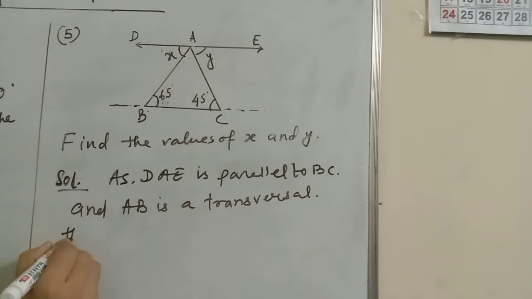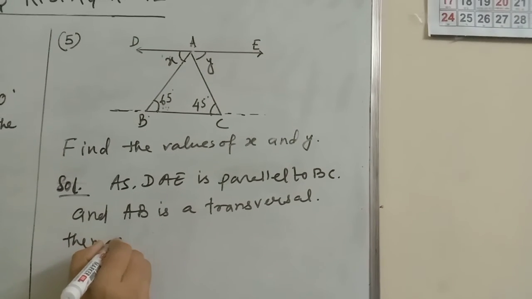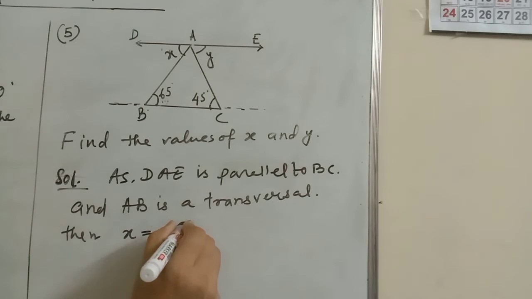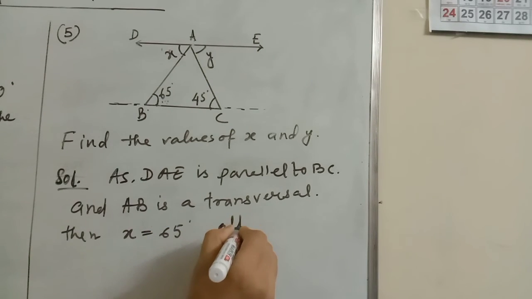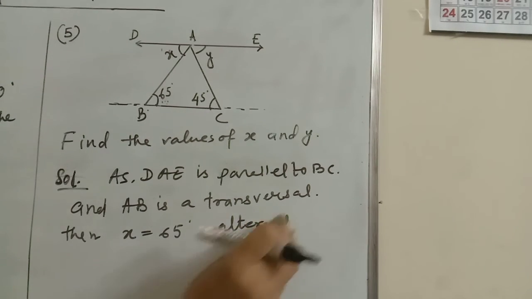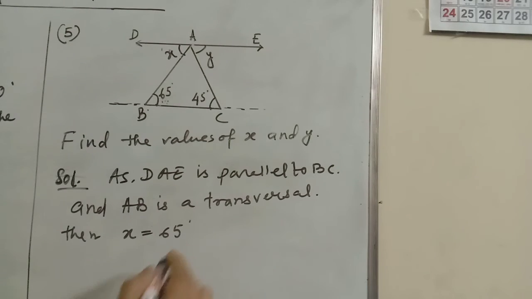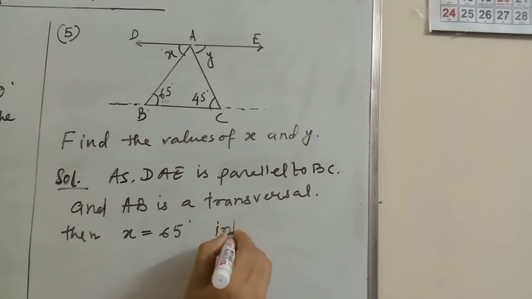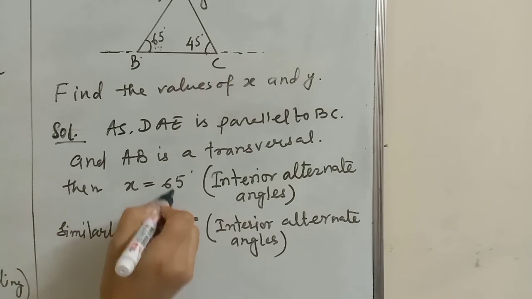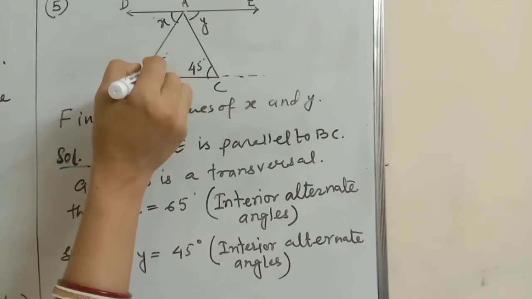Then we can say that angle X is equal to 65 degree because they are alternate interior angles. So X is equal to 65 degree.